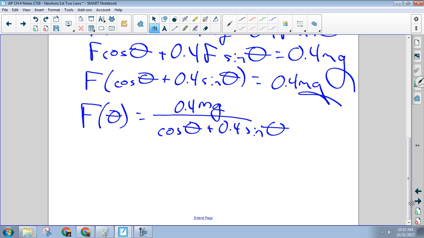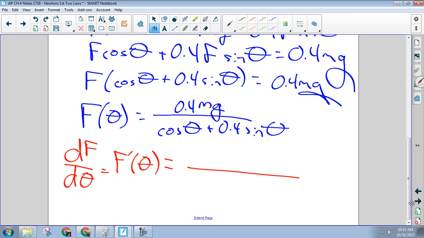So when you take the derivative of this, you get the derivative of the top, which is 0, times the bottom, and then you get the top times the derivative of the bottom, all over the bottom squared. Follow?